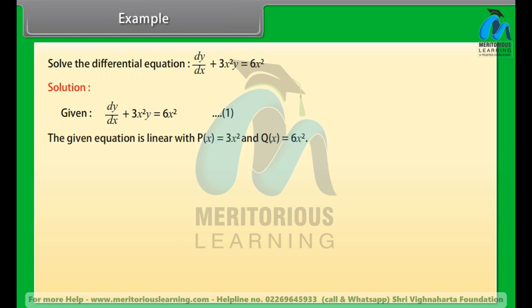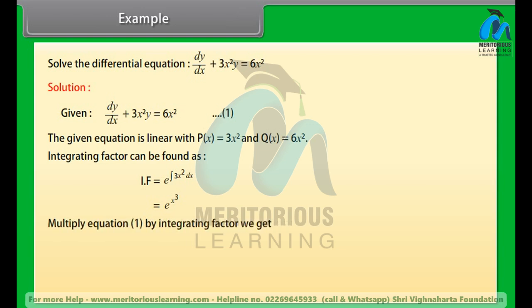The given equation is linear with p(x) equals 3x square and q(x) equals 6x square. Integrating factor can be found as I.F. equals e raised to the power integral of 3x square with respect to x equals e raised to the power x cube.